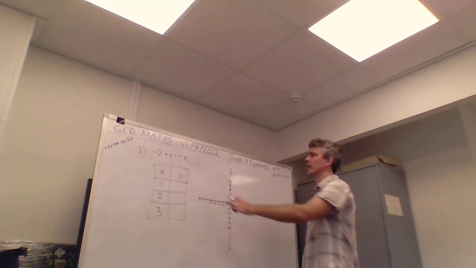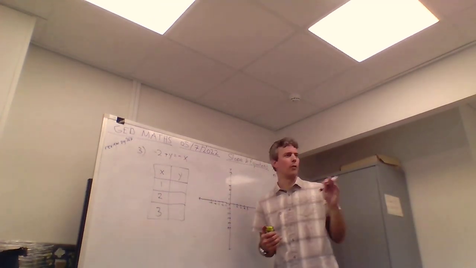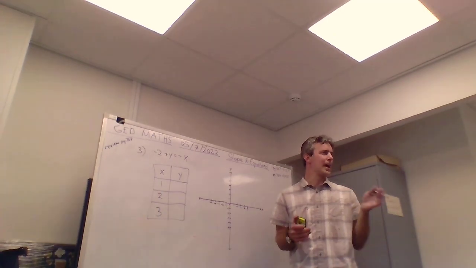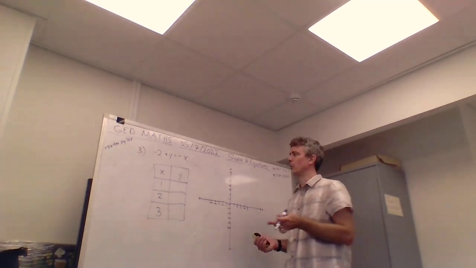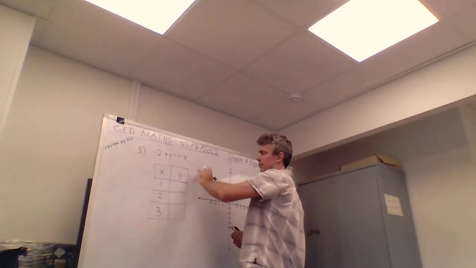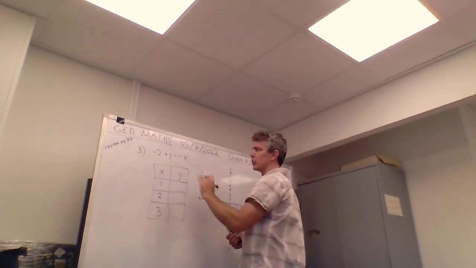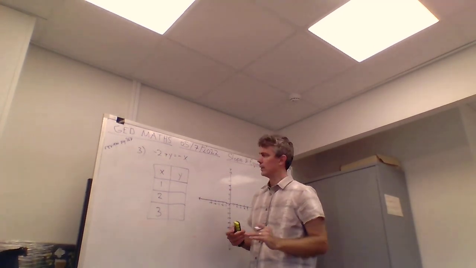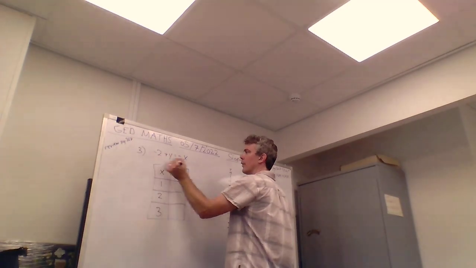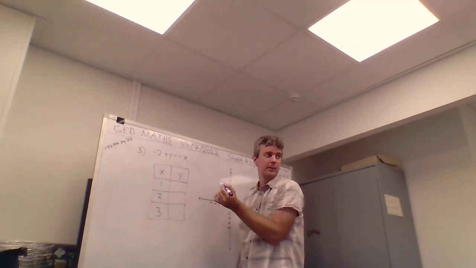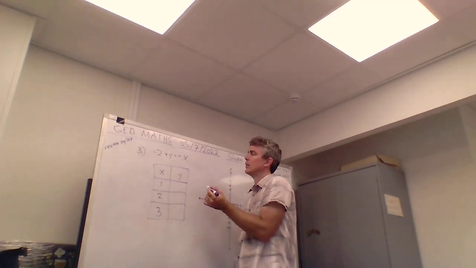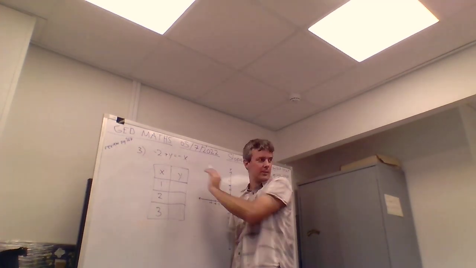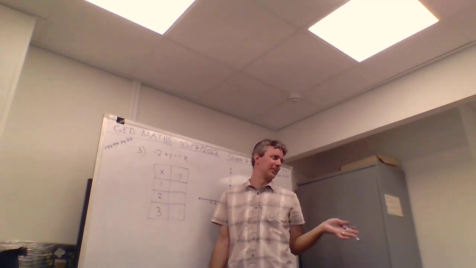Alright, so what we do here, this one maybe is tricky because it's not in the form of y equals ax plus b, right? So what we can do, you can actually just straight up solve it anyway, or you can try to rewrite it in that format. So if I were to rewrite it in that format, how would I get y by itself on this side? By adding. We need to get rid of this, but we need to add to get rid of it, right?